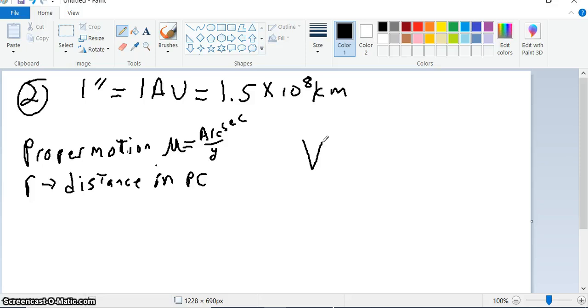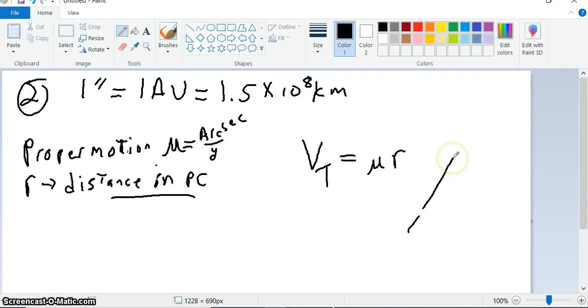They're looking for the transverse velocity. The transverse velocity, also known as the tangential velocity, you can call it either one, but we'll use transverse velocity because that's what they're talking about, is going to equal mu times r, where r is the distance to that star or object in parsecs. Basically, I'll draw a really crude picture here.